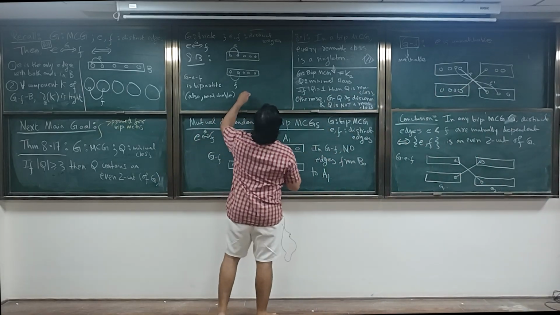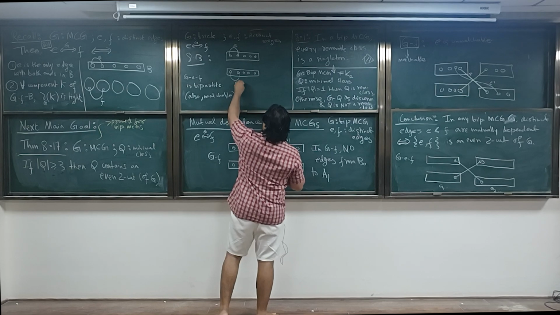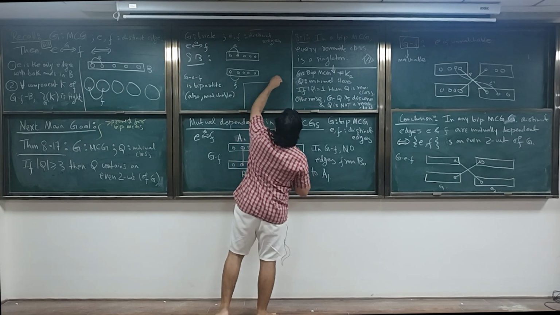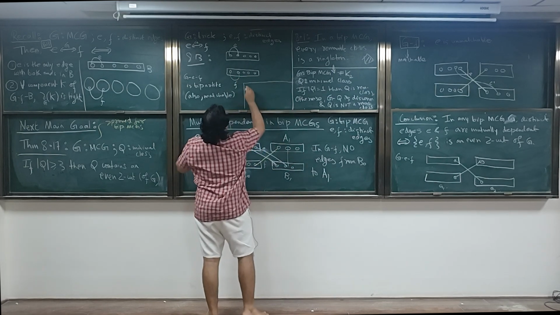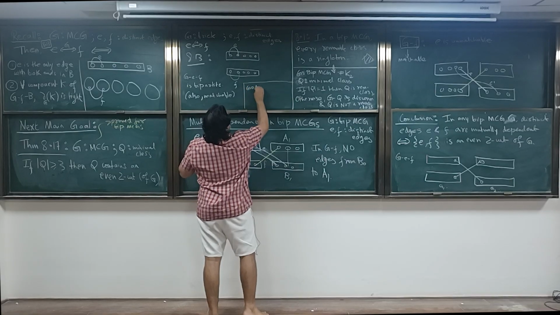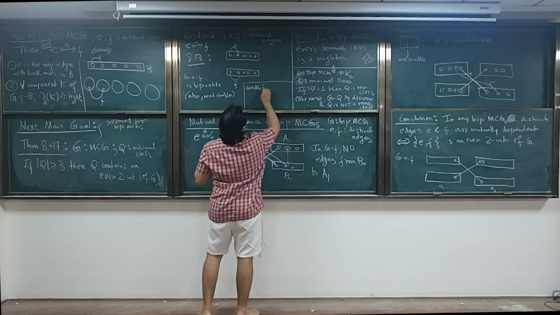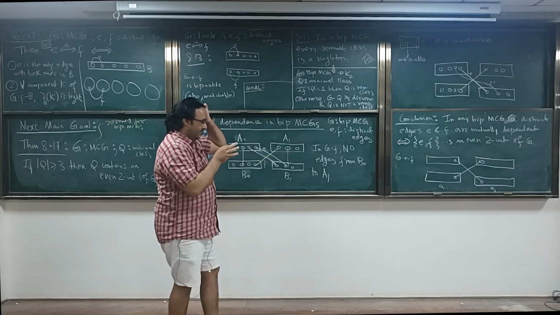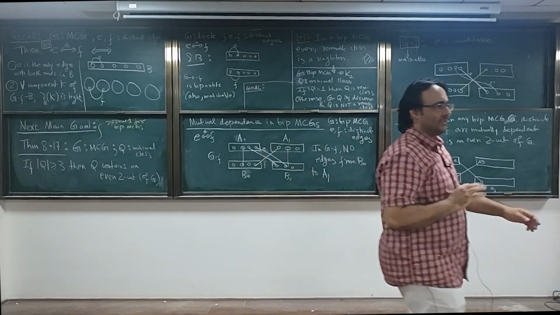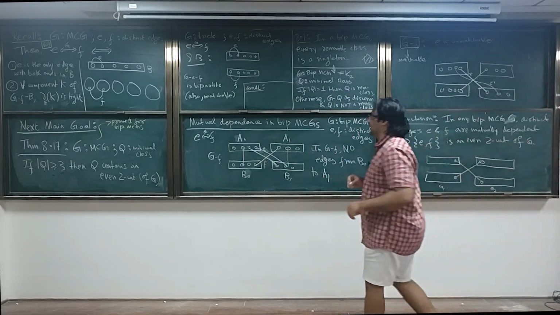So the goal is to show, and I claim that we are actually very close. Some of the things we are covering are from chapter 9. So we have already started chapter 9 simultaneously.